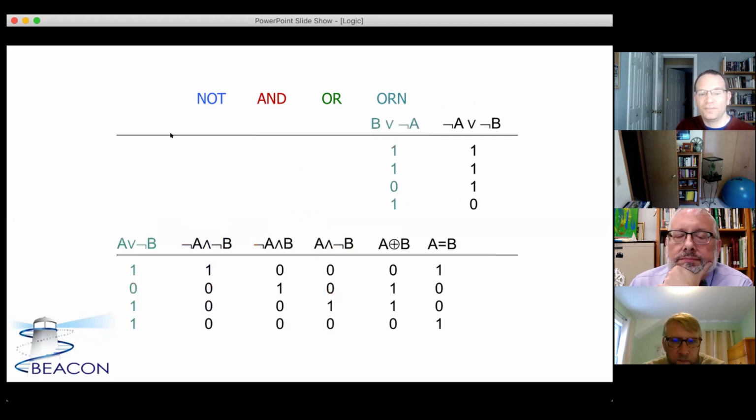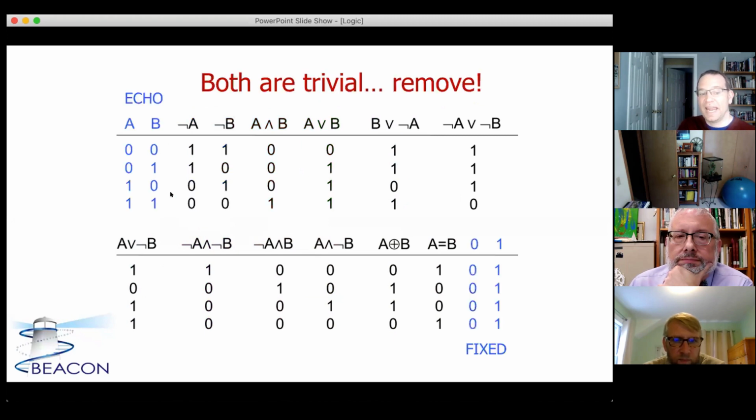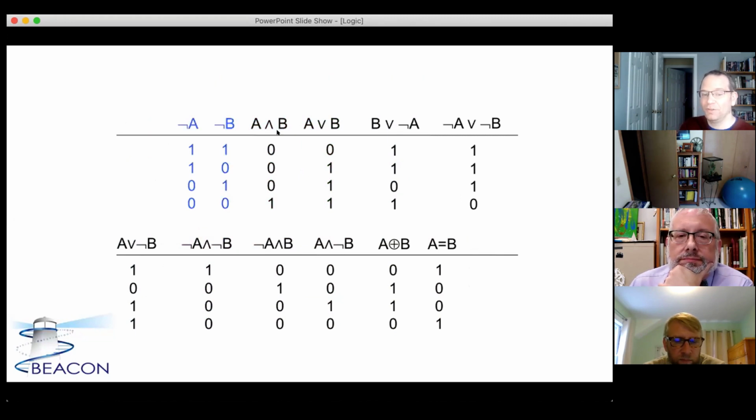So if you start out and you've evolved a NOT function, you can go from A to NOT A, or you can go from B to NOT B. If you evolve an AND function, you can look at the combination of A and B. You can then build to an AND NOT by taking the NOT of one of those initial numbers and then ANDing it to the other number.